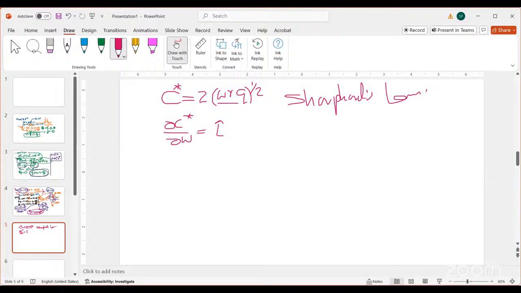Echo coming. I can't see from here anything. I don't know. Okay.